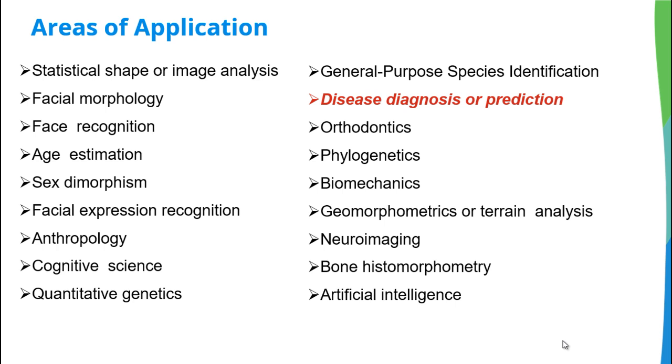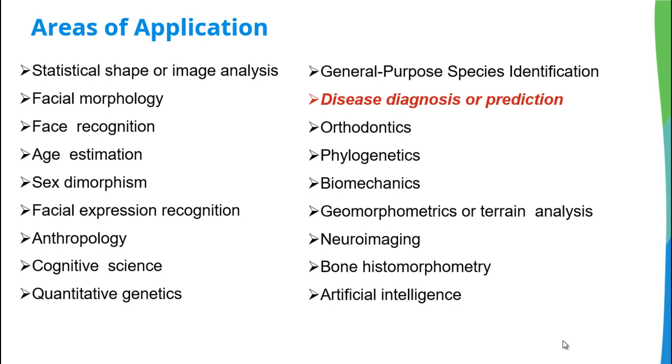It can be applied in many areas: statistical shape or image analysis, facial morphology, face recognition, age estimation, sexual dimorphism, facial expression recognition, anthropology, cognitive science, quantitative genetics, general purpose species identification, and disease diagnosis or prediction, which is one of the areas we are doing now.